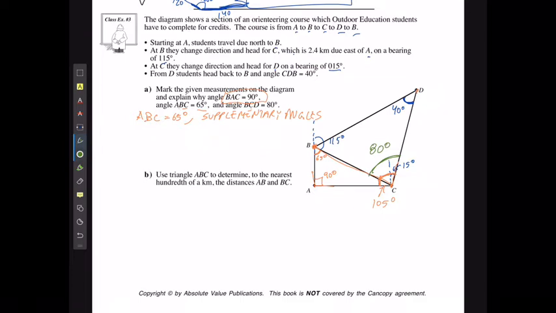Well, the reason why that part is 80 degrees is because B to C to A has to be 25 degrees.